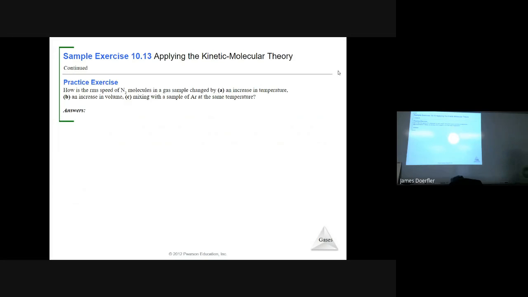What about if we increase the volume? Again, this is a completely different situation. Is increasing the volume going to change the speed of a molecule, or is it going to remain the same? What do you think? We simply increase the volume.